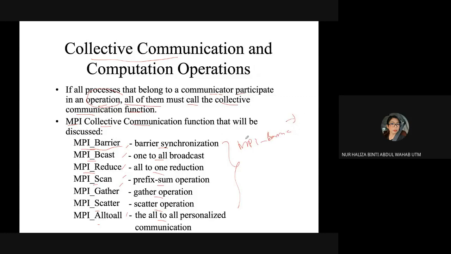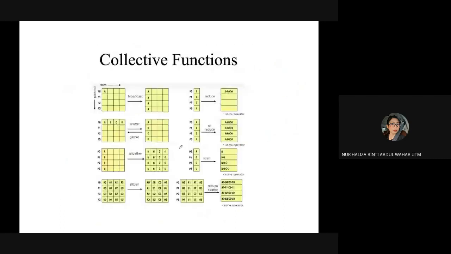So you need to memorize all the functions available under collective communication. Under point-to-point, what you normally see is MPI send and MPI receive. So please take a look at the details of the functions under collective.